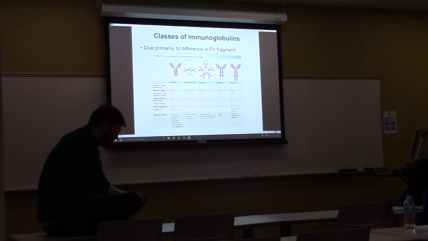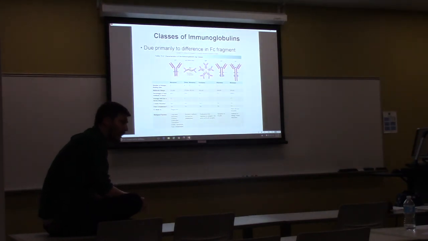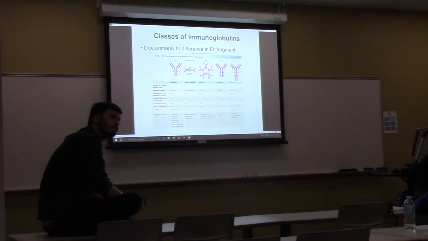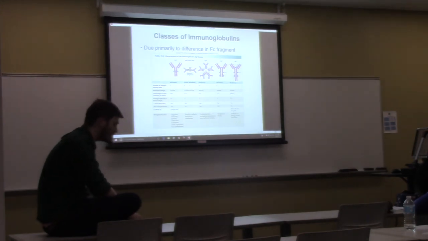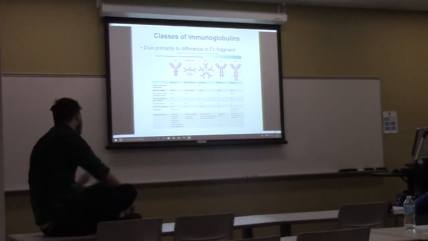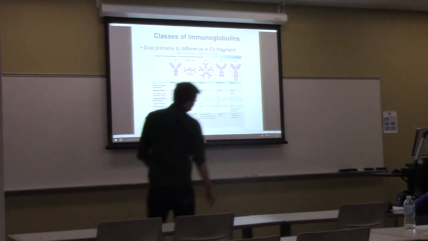What about IgD? Where do you find IgD? Yep, it's a B cell receptor. Okay. What about IgE? Basophil mast cells, right? So it's a mast cell receptor. So you probably shouldn't see much of that in the blood. Okay, good.